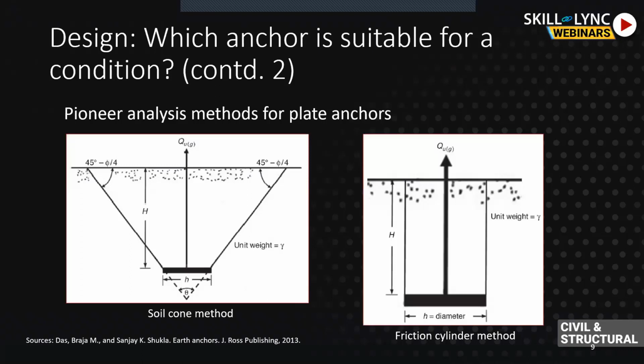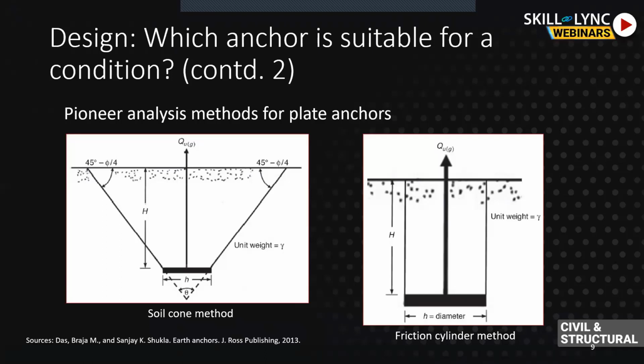So the pioneer methods, like the first ones which started the designing of anchors, are very similar to the theory proposed by Terzaghi. Terzaghi proposed a theory in which we started analyzing foundations with some physics and some soil mechanics, in which we apply some pressure bulb under the soil layer. This is very similar.